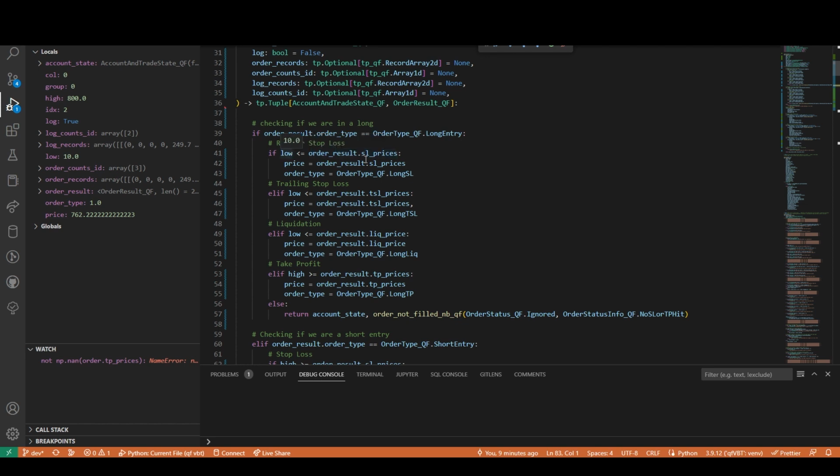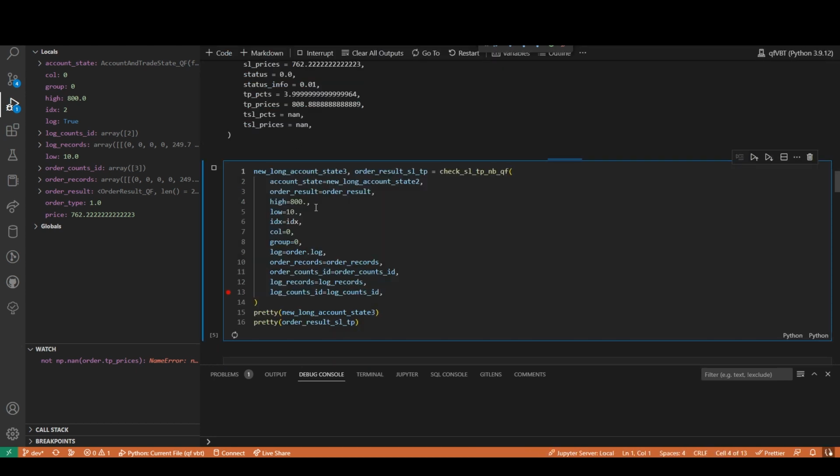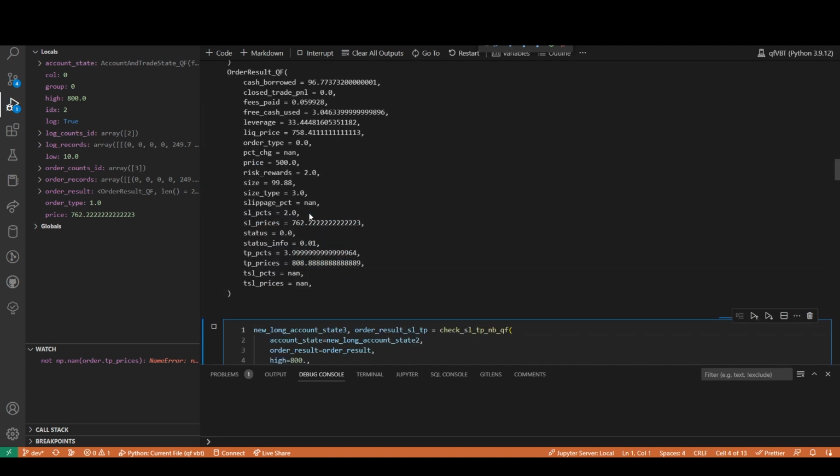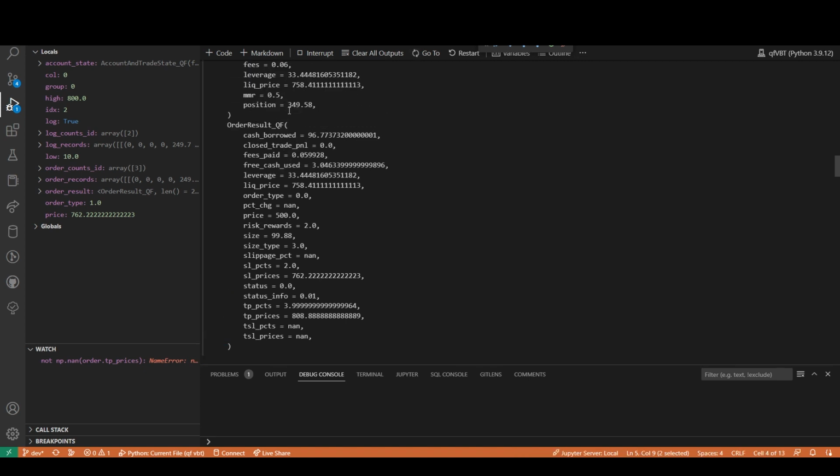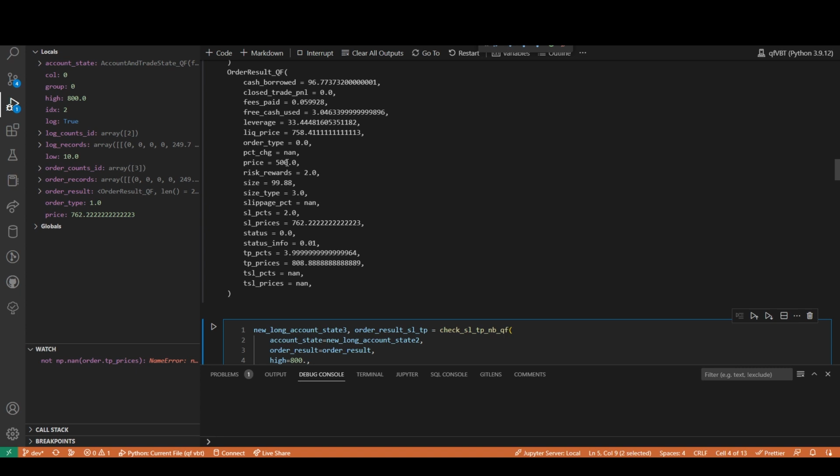So our low is 10 and our stop loss is 762. Okay. Oh, this would be a gigantically enormous candle. Okay, so let's say that, I just realized that our candle is just the stupidly biggest candle in the entire universe. Let's say that, where is my entry at? Oh, order result.